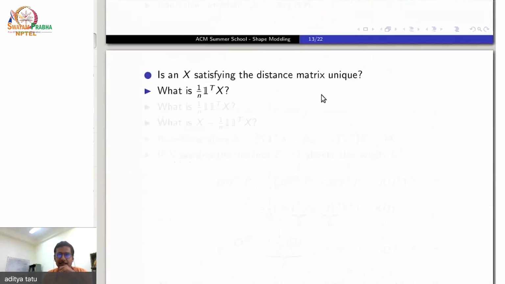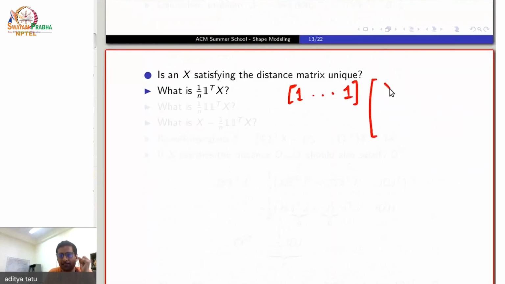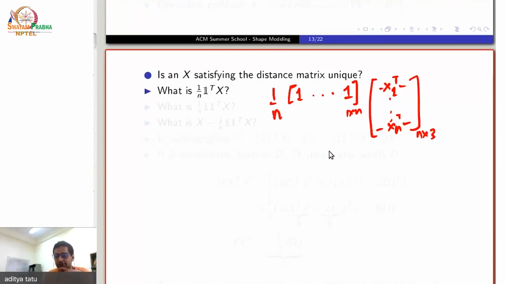What is 1 transpose X going to give you? 1 transpose is this vector 1. X is this matrix x1 transpose to xn transpose. This is 1 by n by 3. Sum of all xi's, right? And then there is 1 by n. So what is this? So overall in average, what is this average?